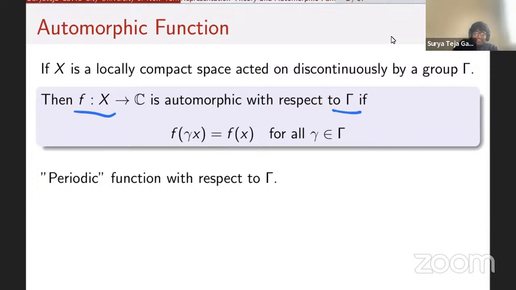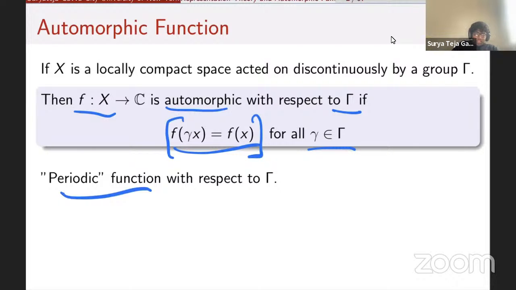For instance, if you have an equation like f of gamma x equals f of x for all gamma in some discrete subgroup acting on the space, so you have these periodicity equations that f has to satisfy, such an f is called automorphic. Automorphic is just a fancy name for periodic.